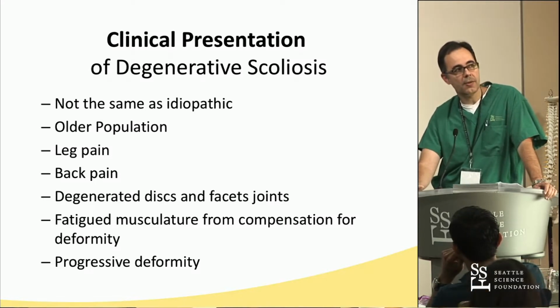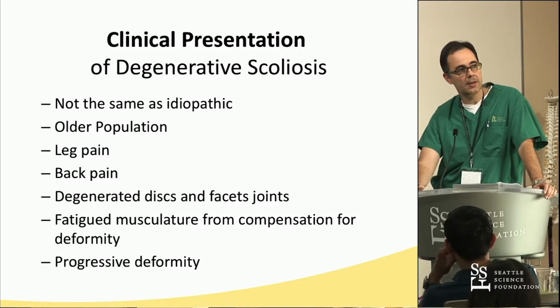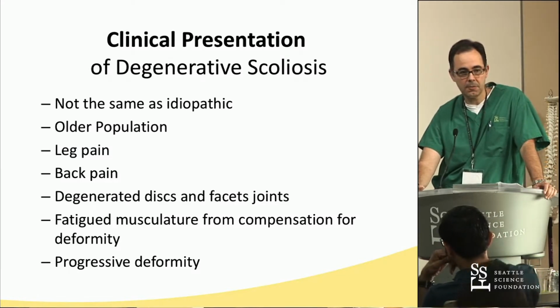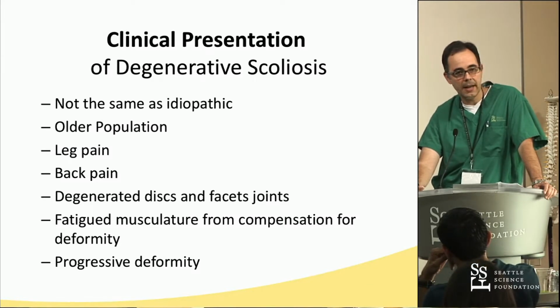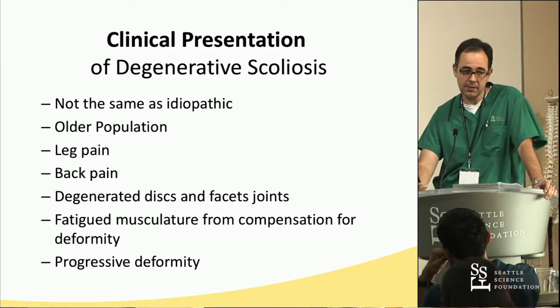In addition, you also have back pain, and there are fatigued muscles due to compensation for the deformity. And there is the risk of progression of the deformity in the degenerative population of scoliosis patients, whereas with idiopathic scoliosis patients, the risk of deformity progression is not as accentuated.